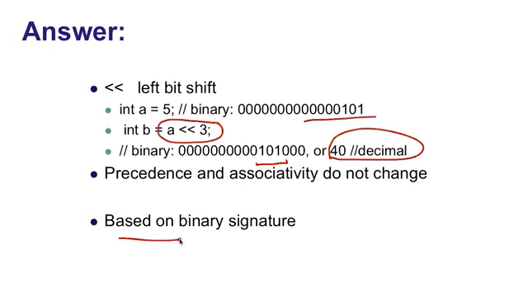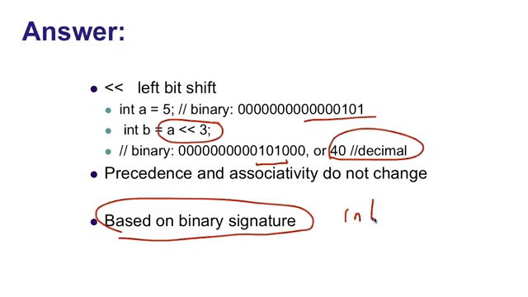And then which definition gets used is based on the binary signature. So here a binary signature was int, shift, int. But mostly you're going to see ostream, bit shift, some arbitrary type.